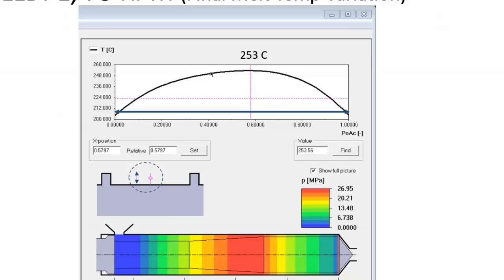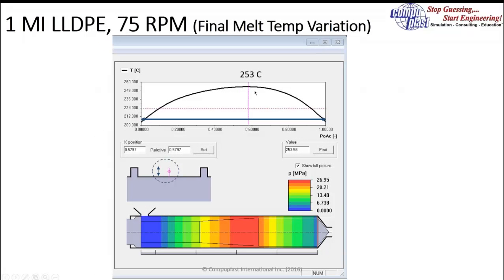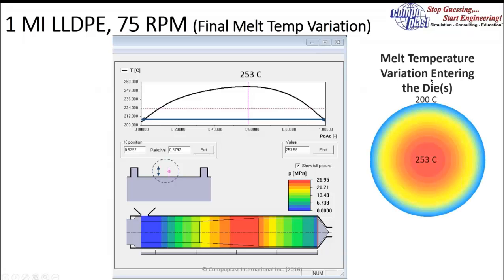And when we tell our customers that we believe that their temperature is higher, they quite often say, but my thermocouple doesn't indicate this. And to demonstrate why this might happen, I have this graphic here which represents an adapter where the polymer is flowing, and we're holding the adapter at 200 degrees Celsius.